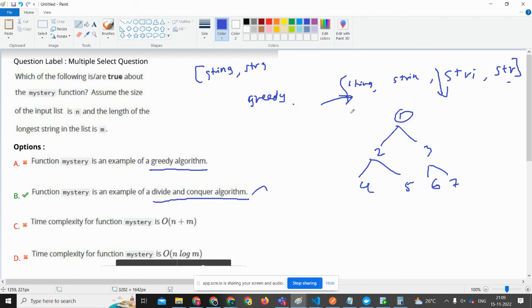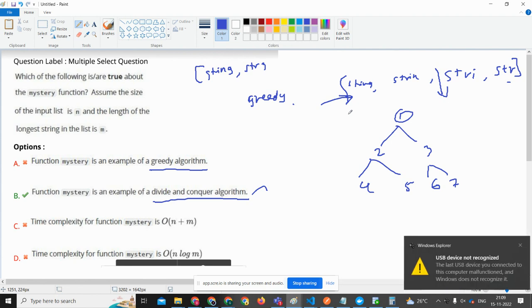You're trying to find the common prefix of all the strings, so you first find the prefix of 2, then 3, then 4, then the right-hand side 4, and then you sum it up. So basically, you're using the previously computed values; you're looking back. So hence it's not a greedy algorithm.